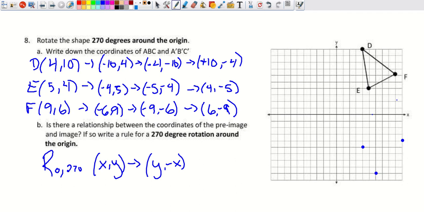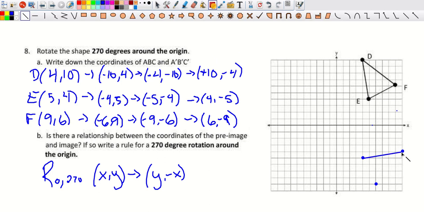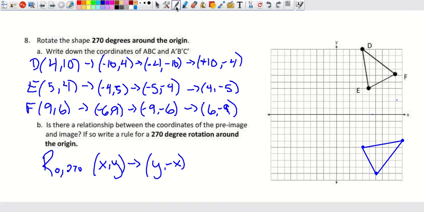All right, and really, this just looks like a 90-degree rotation, but remember, we're turning to the right instead of turning to the left. So that's what a 270 is. And there's our triangle, right? So E prime is over here, D prime is over there, and there's F prime. And we're good to go.